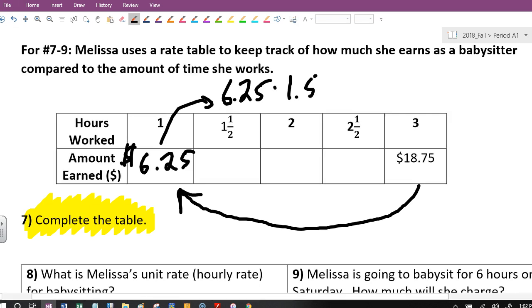1.5. Now, another way to do it would be to say, okay, this is for every hour, let's take half of it, because now they're doing half of an hour. So it's not going to come out even. You can't cut a quarter in half exactly. Well, how much is half of 25 cents?